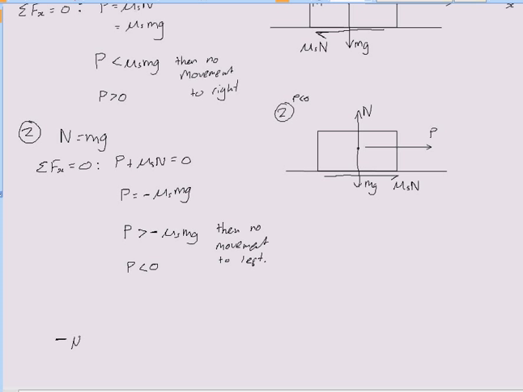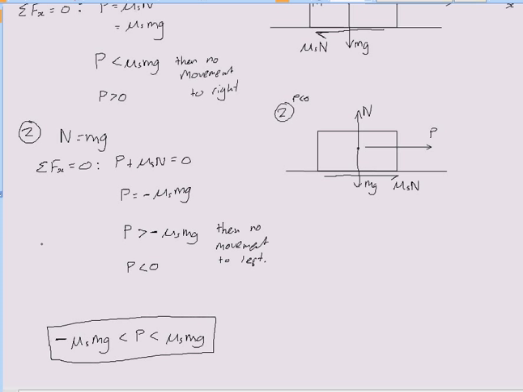If minus mu_s mg is less than P, which is less than mu_s mg, then there's going to be no movement. Let's check if that satisfies equations 1 and 2. P is less than mu_s mg, yes, that's the right-hand side of the inequality. And P is greater than minus mu_s mg, that's the left-hand side.